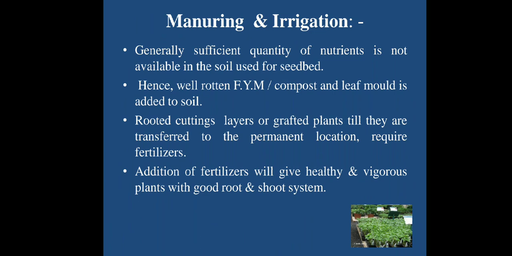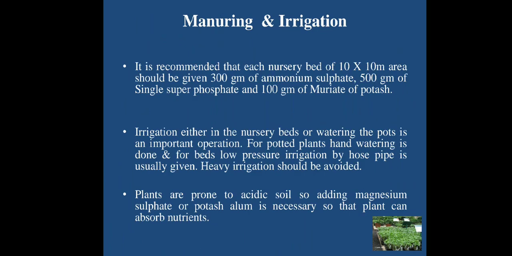Adding fertilizers will give healthy and vigorous plants with a good root and shoot system. It is recommended that each nursery bed of 10 by 10 meter area should be given 30 grams of ammonium sulfate, 50 grams of single superphosphate and 100 grams of muriate of potash.